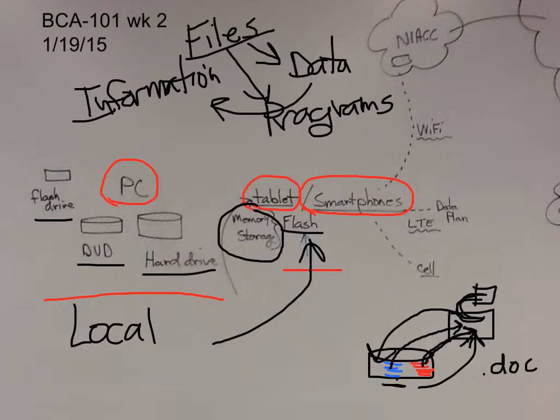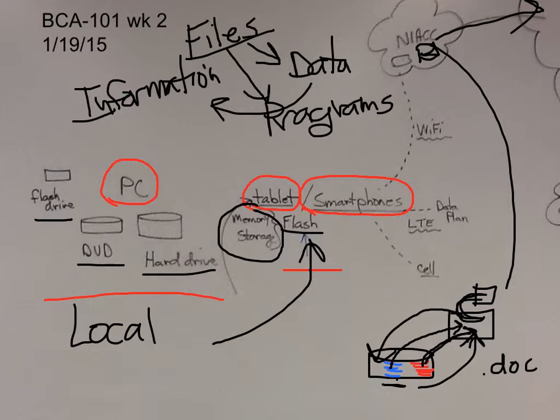Or if you wanted to, you could send it to some storage at NIACC, let's say your H drive. Talk more about that later. Or it is even possible to move it into some type of Google Doc, or you could even leave it like that and actually send it out to the internet.